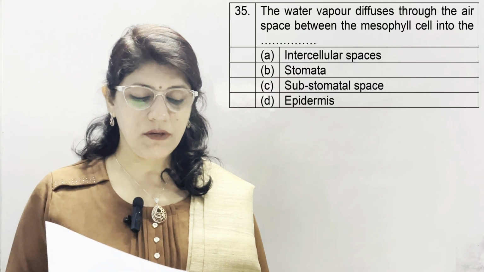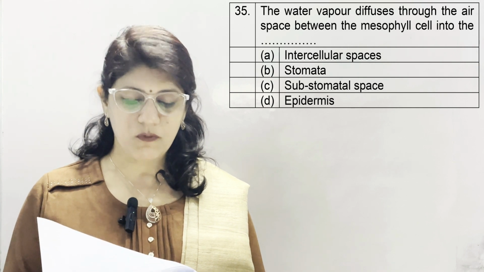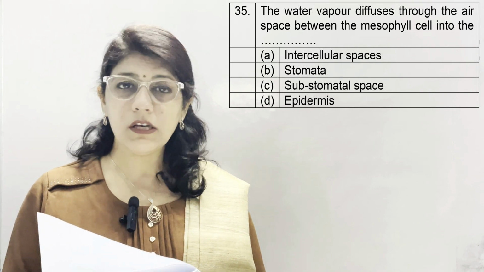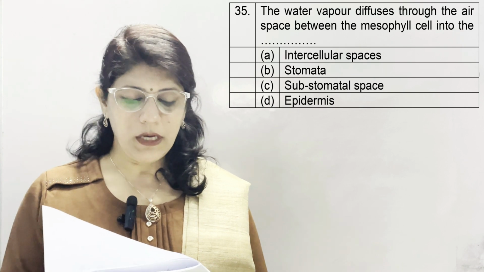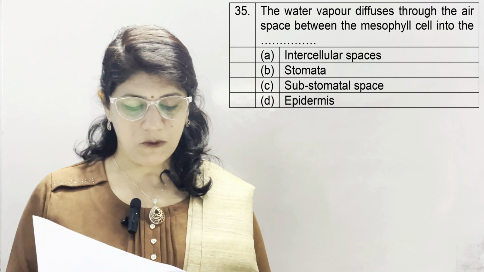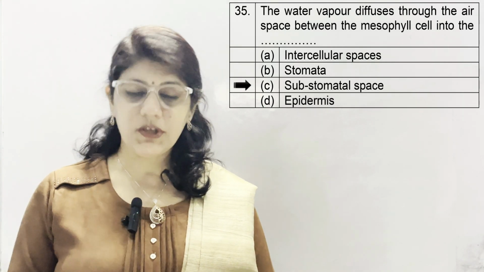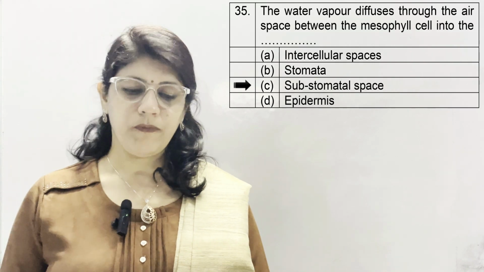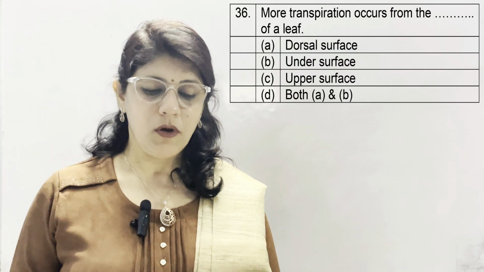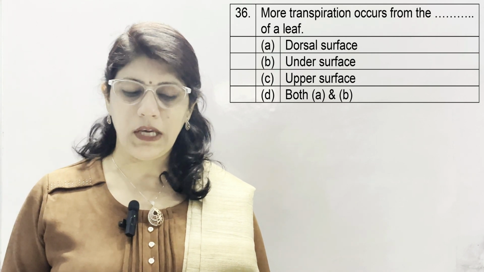In question number 35, the water vapor diffuses through the air space between the mesophyll cells into the A option intercellular spaces, B stomata, C substomatal space and D epidermis, and the correct option is C, which is substomatal space. In question number 36, more transpiration occurs from the dash of a leaf.